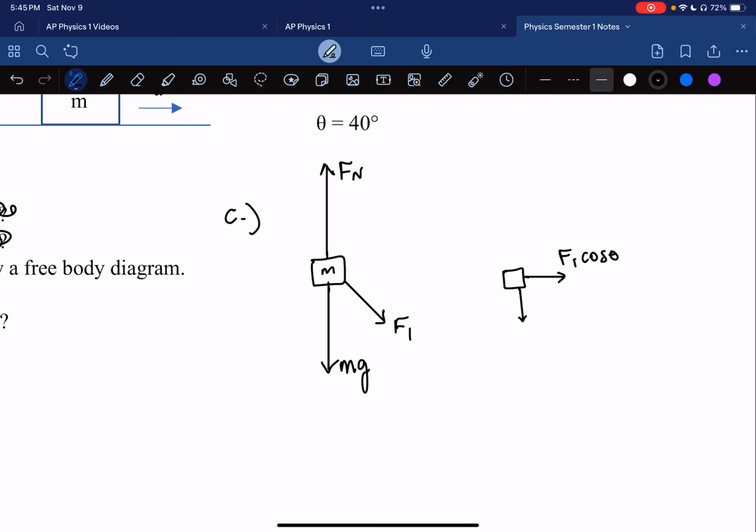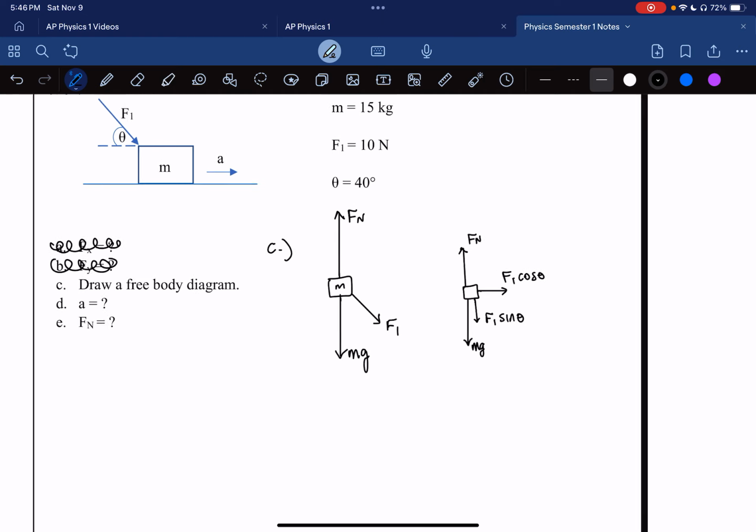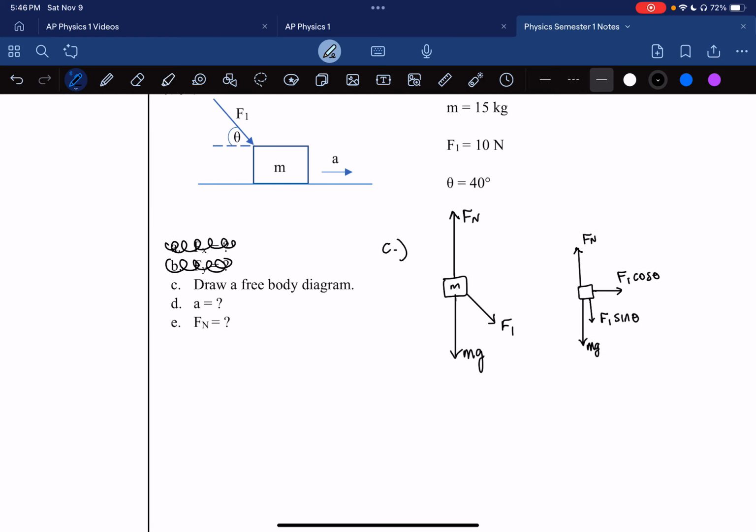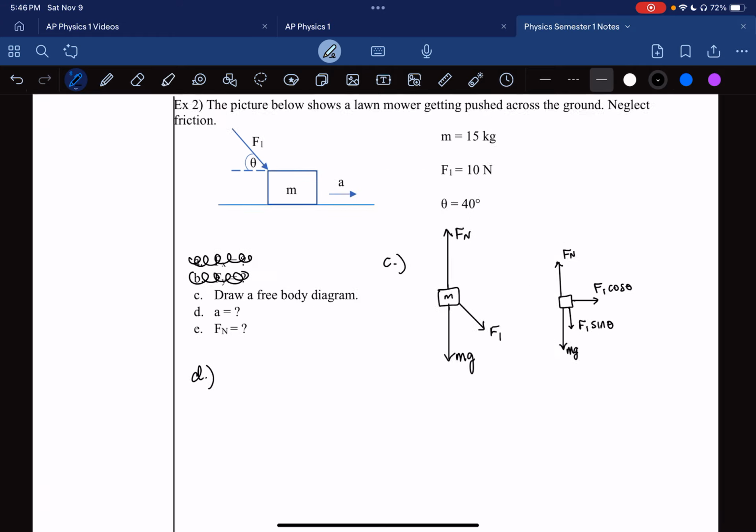The horizontal one will be cosine, and the vertical one will be sine. Let's not forget about Fn, though. Still goes here, and mg still goes here, straight downward. Cool. The one on the left is the free body diagram, but the one on the right is the one we will use. Let's determine the acceleration of the lawnmower.